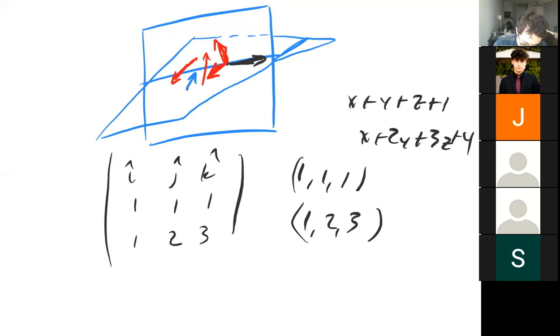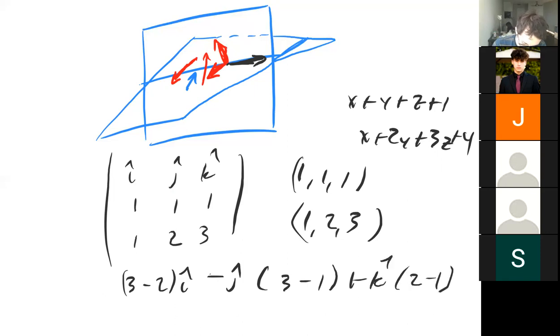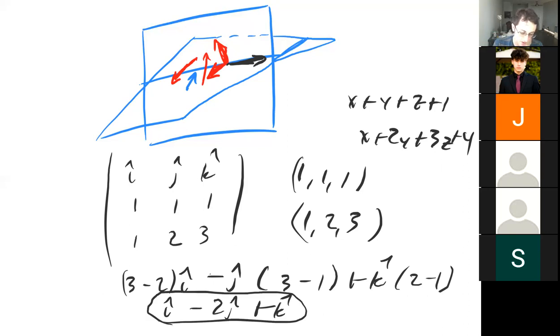You get 3 minus 2 i hat, minus j hat times 3 minus 1, plus k hat times 2 minus 1, and that gives you i hat minus 2j hat plus k hat, okay? And so now you need one more piece of information, right? So this is the vector that is parallel to the intersection of these two planes, right?